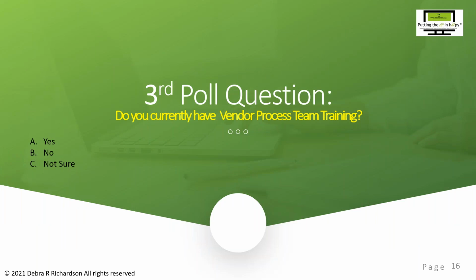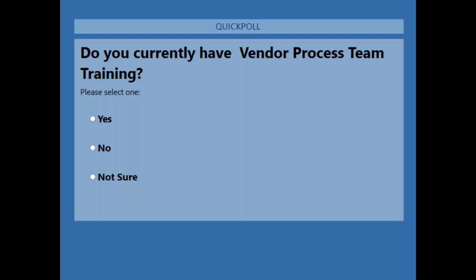So now that we've done that, we're going to go to our third and last poll question. It should be coming up now. Do you currently have vendor process team training? And when I say vendor process, I mean specifically training on vendor onboarding and existing vendor updates.